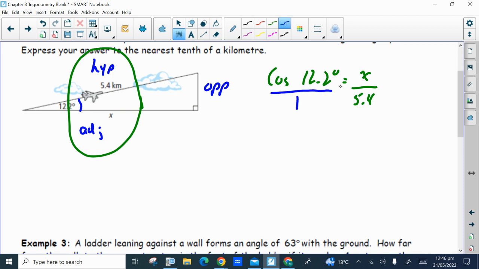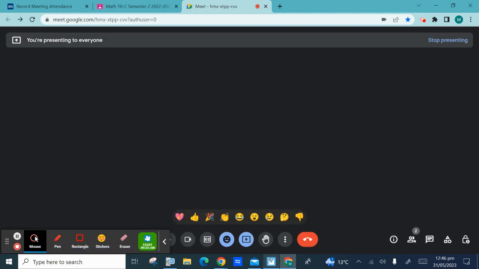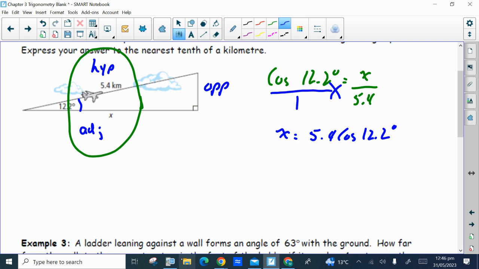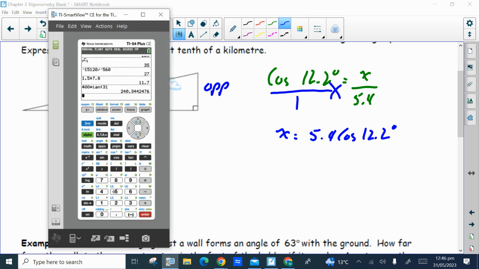Make both sides a fraction so we can cross multiply. 1 times x will equal 5.4 times the cosine of 12.2 degrees. So we go to our calculator to figure out what that is. 5.4 times the cosine of 12.2.